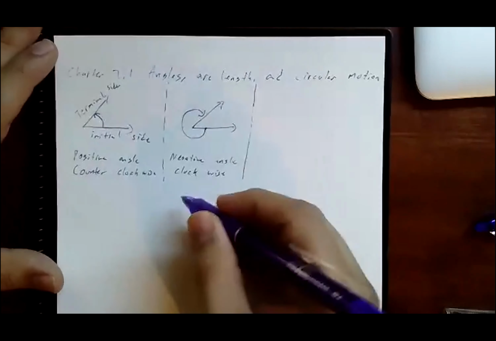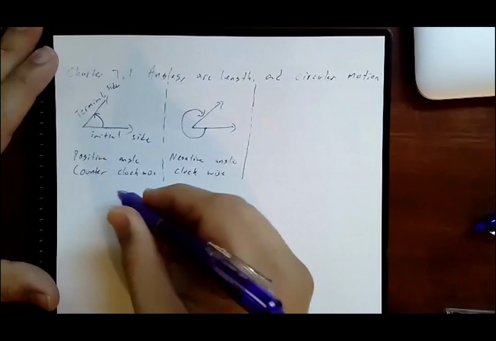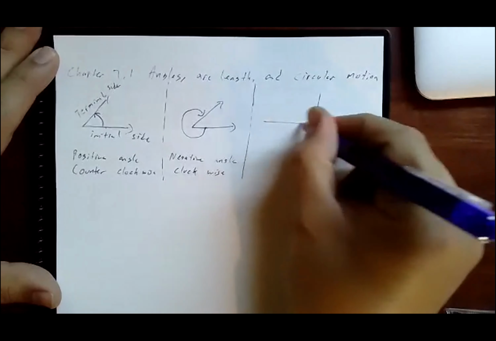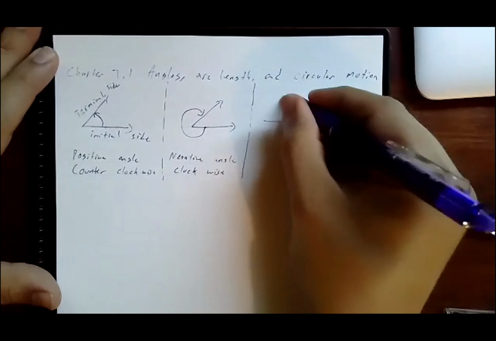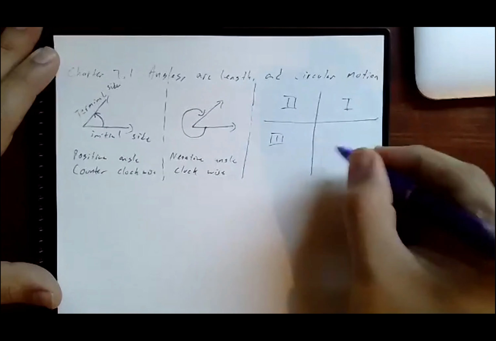Another idea I need you to remember is the names of the quadrants. Those are going to keep coming up. So again, going counterclockwise, this is the first, the second, the third, and the fourth quadrant.